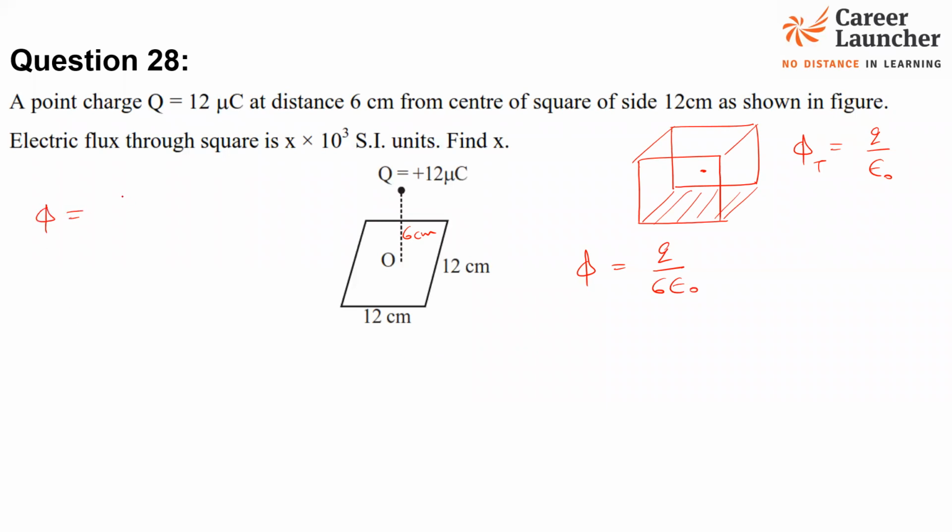Or I can solve it. So Q is 12 microcoulomb, so this is 12 into 10 raised to minus 6. And 1 upon 4 pi epsilon naught means 9 into 10 raised to 9, upon 6.